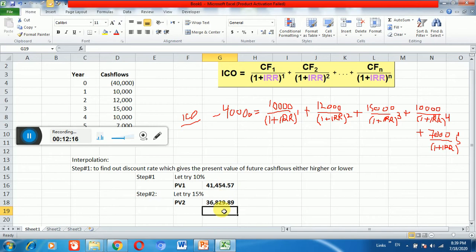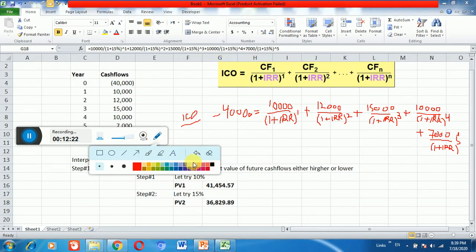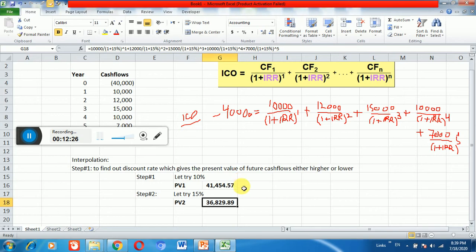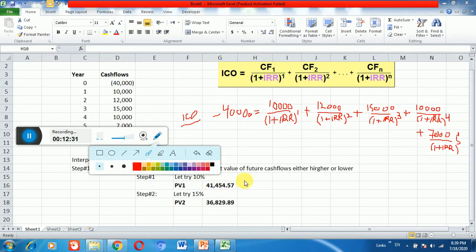So look, dear students, the second value we found is lower. The first value, this one, is higher, right? We found a higher value, and this is the lower value.